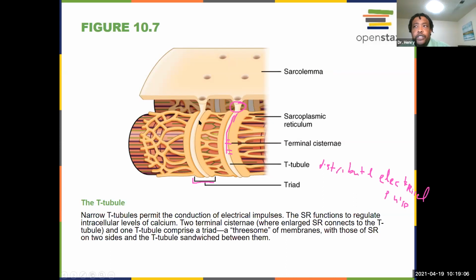So your electrical pulse is being received here, and it's conducting all of the electricity that is going through. And then that's being distributed by this guy, so that the full fiber is being stimulated, not just that one part. Does that make sense? So it's being distributed through the link.